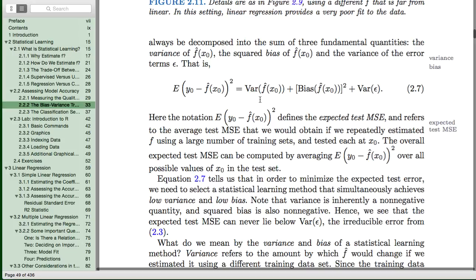I'll go back to that in a second, but we saw that the more flexible models suffered from the fact that there was greater variability if they were going to be rerun from training data to test data. A more flexible model suffered, particularly if there was high variance. If this was a large number, the more flexible models suffered from that. The less flexible model didn't suffer so much from that.